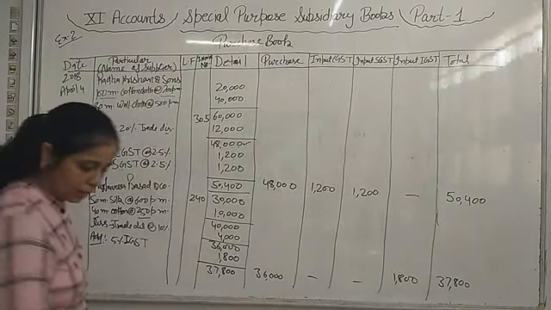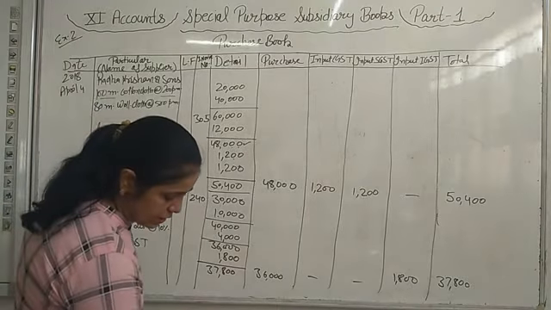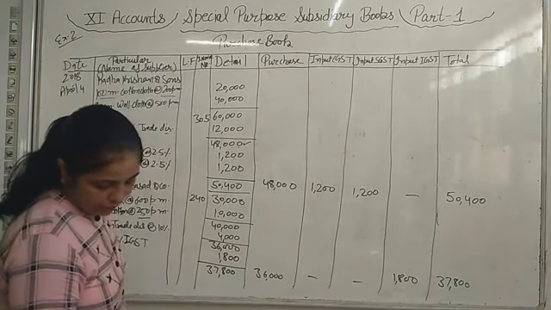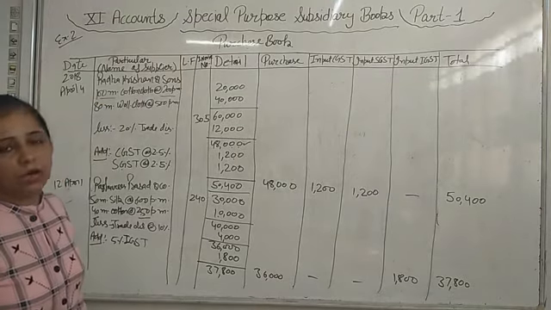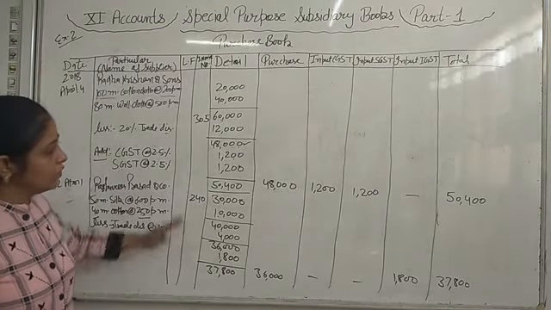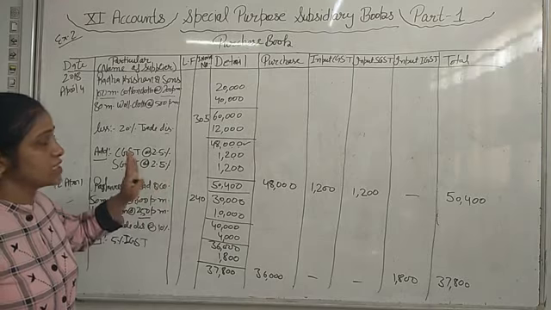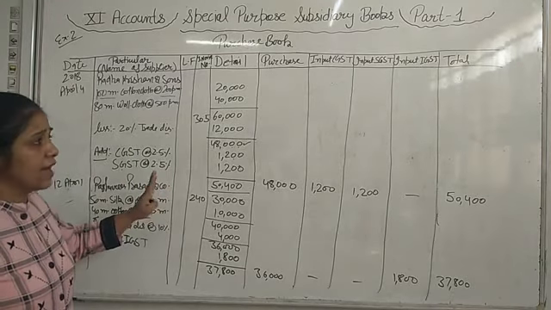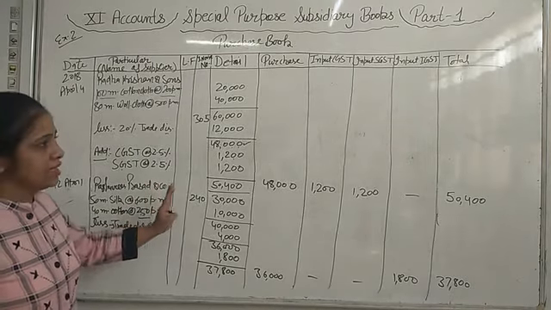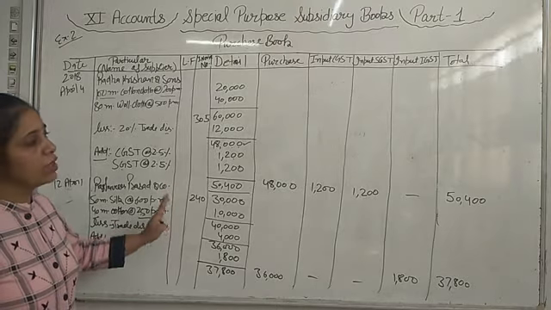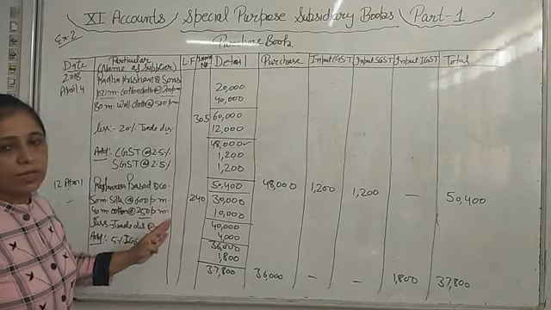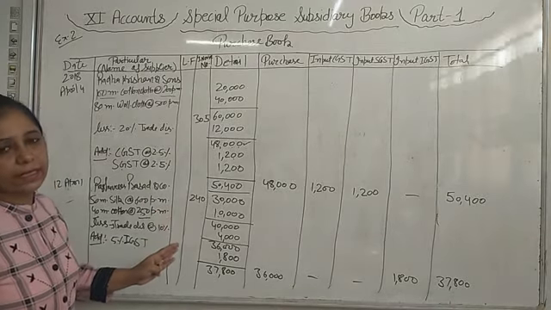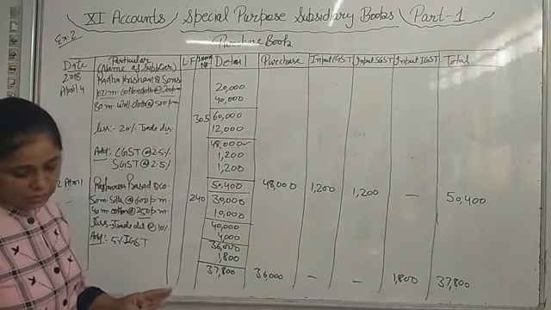Now the next transaction is given in the question: on 20th April purchase from Modern Furniture House. We have purchased furniture, that is an asset. Leave this transaction, we will not record it in the purchase book. We will pass a journal entry in the journal proper for this transaction.